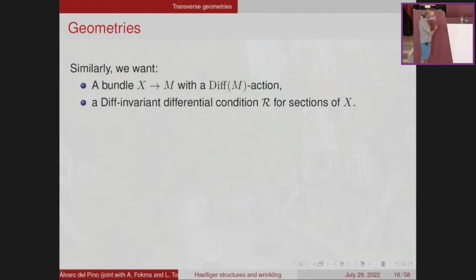Then additionally, on this bundle I want to study sections, but I want them to satisfy some intrinsically defined PDE, right? So the section should satisfy some differential condition that is invariant under diffeomorphisms. Again, you should think of things that involve wedges of forms, differentials of forms, the Lie bracket of vector fields, things like this.